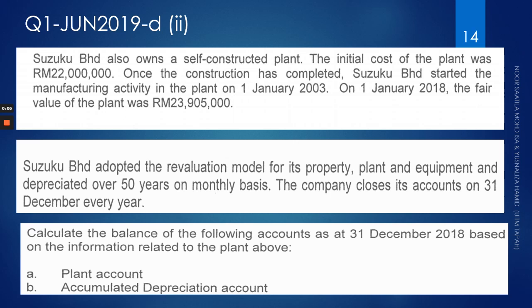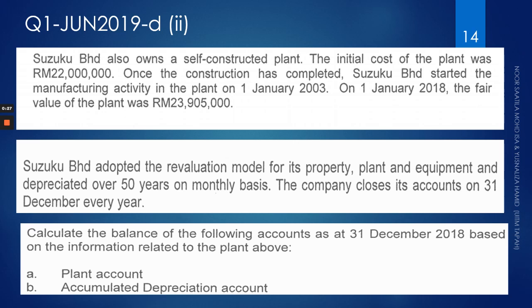This is the video that will discuss question 1 June 2019 part D. Before this there were two videos that discussed the same question but in the earlier parts, so please do watch those two videos that I have published earlier.